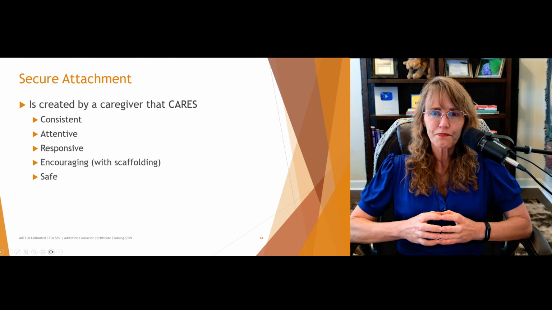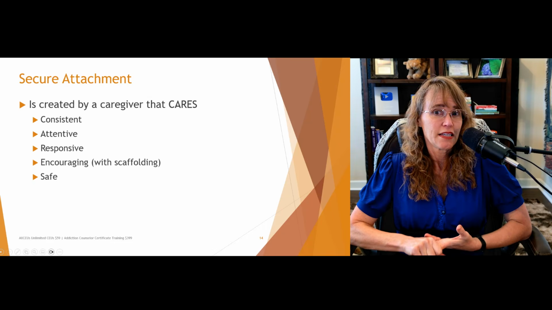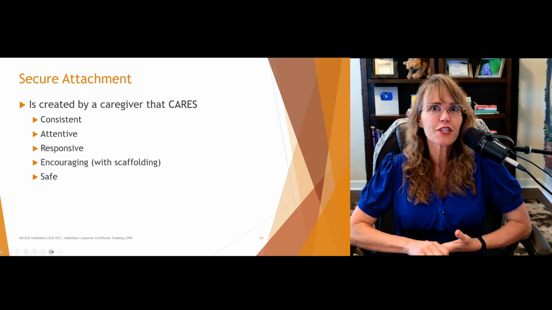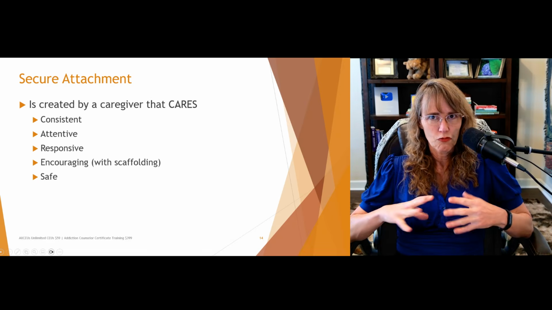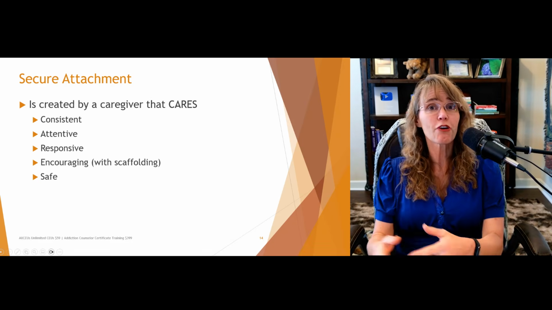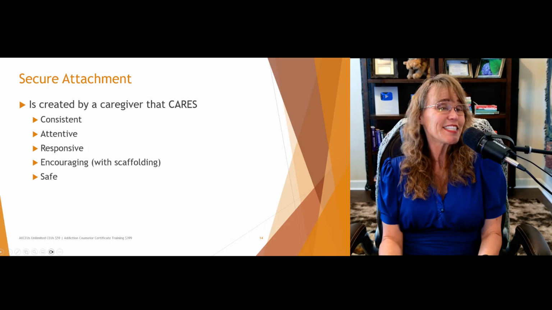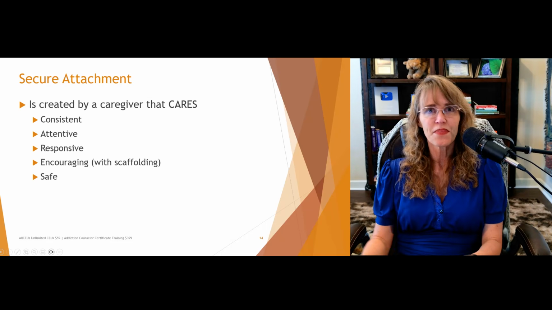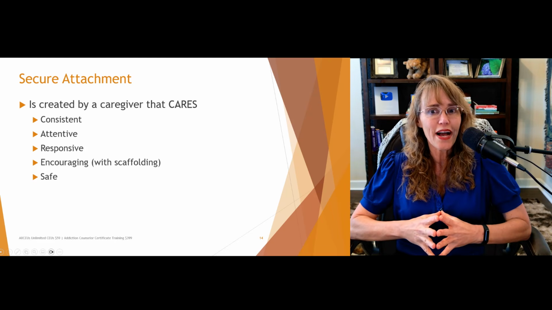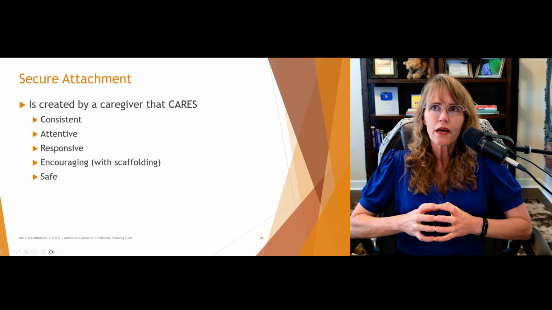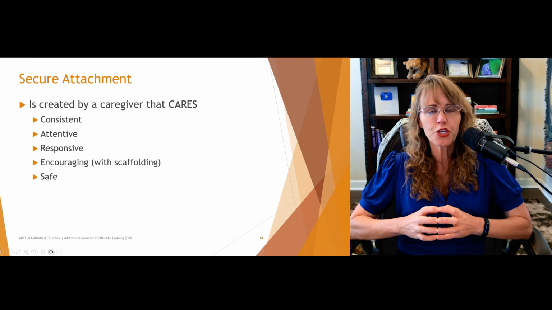The caregiver is encouraging. They don't do everything for the child. They're not enmeshed. They consistently are aware of kind of what's going on with their kid. They are attentive to the child's needs. They're responsive when a response is required, but they don't do it for them. It's like, okay, well, you had a fight with somebody at school or somebody's being a bully to you at school.